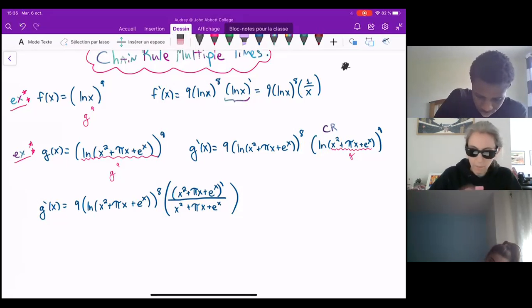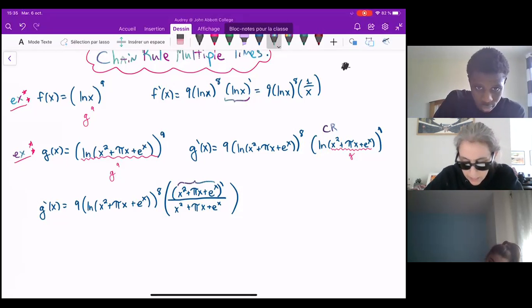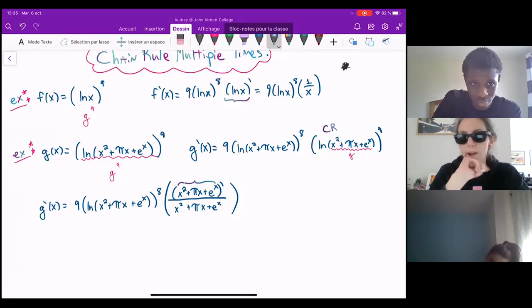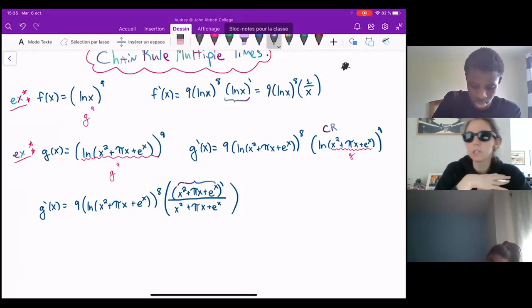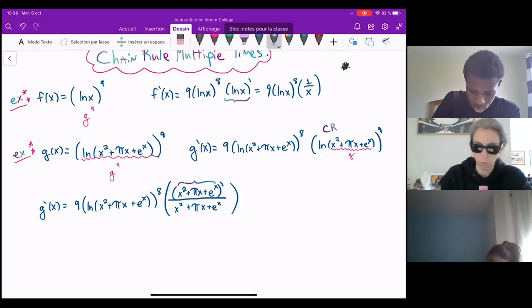Okay, now I'm looking at this. I have x squared plus pi x plus e to the x. Does that require a chain rule? Do any of those require a chain rule? Nope, so this is not a product rule, not a quotient rule, not a chain rule, just straightforward power rule, exponent rule.